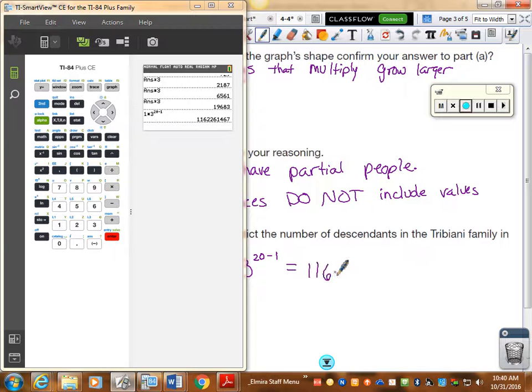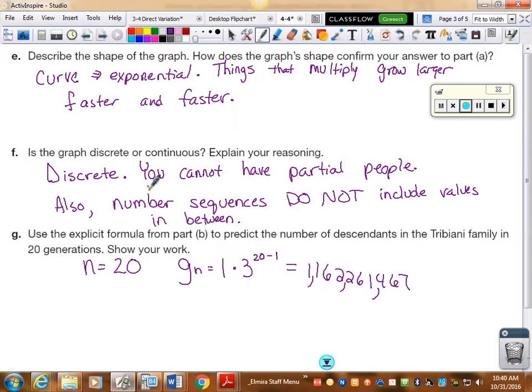Equals 1,162,261,467. That seems huge, but that's what geometric and by extension exponential functions do. They grow very large, very fast.